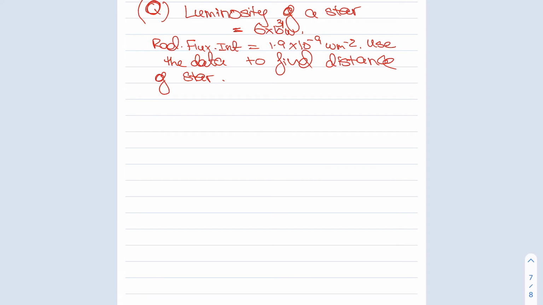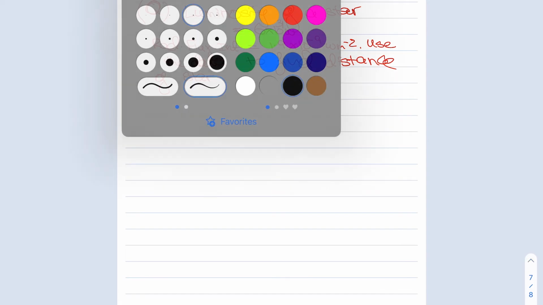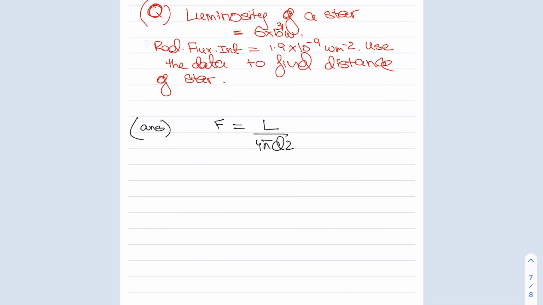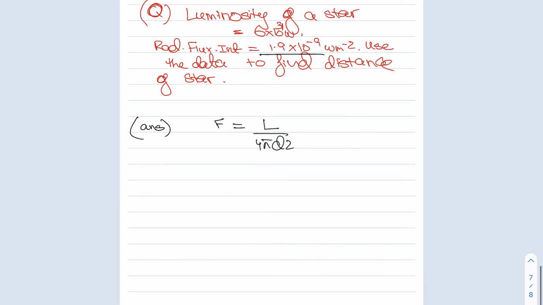It's a very basic question. We just have to use the formula that we've been using since the previous class. So F is equal to L upon 4 pi d squared. F is given as 1.9 into 10 raised to power minus 9.